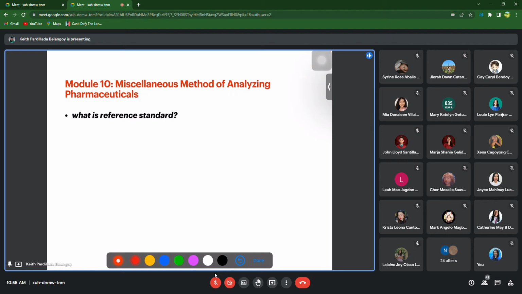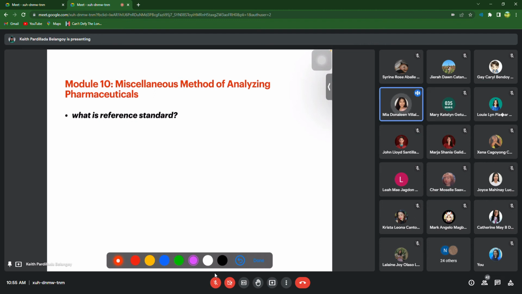Can I have Donal: what is a reference standard? Why do we have a reference standard? Good morning, Miss. According to USP, a reference standard is a highly characterized specimen of drug substances, excipients, reportable impurities, degradation products, compendial reagents, and performance calibrators.